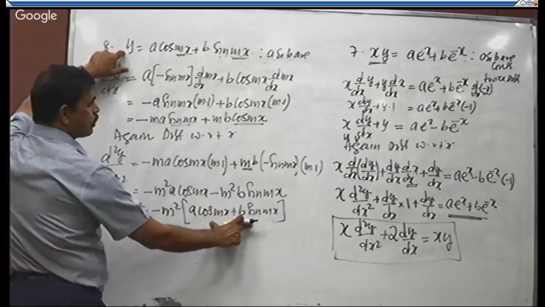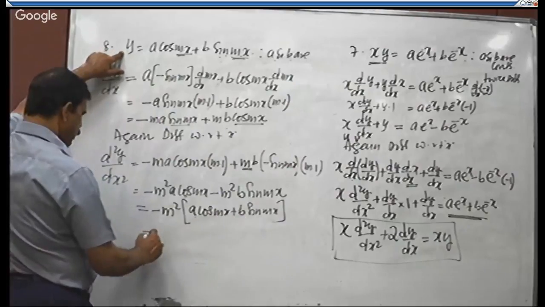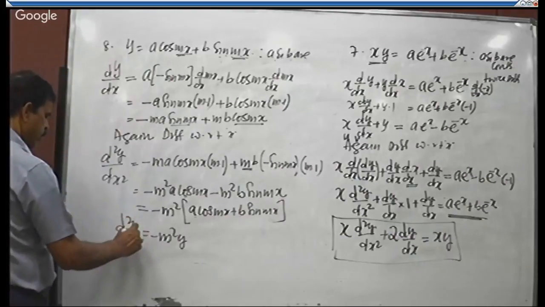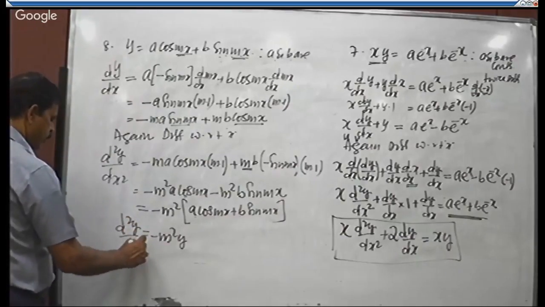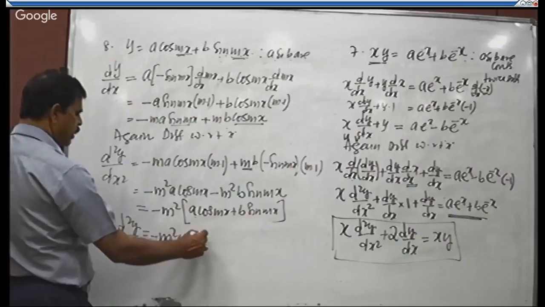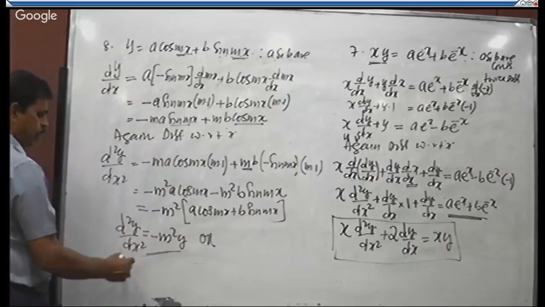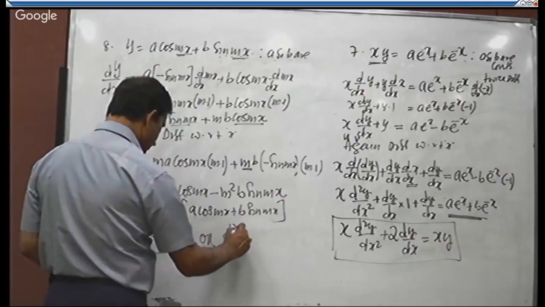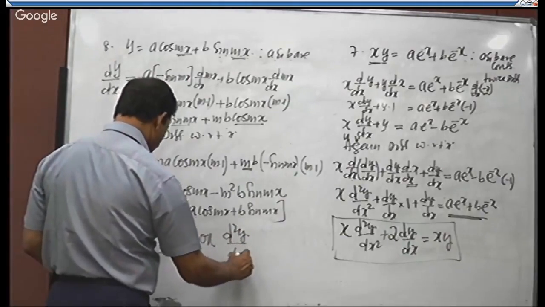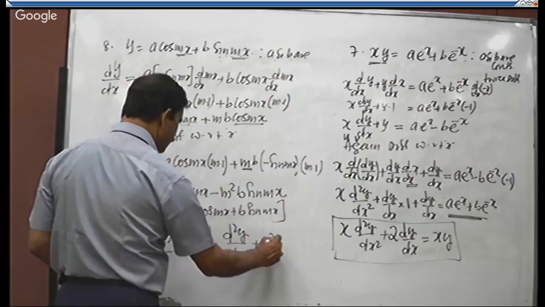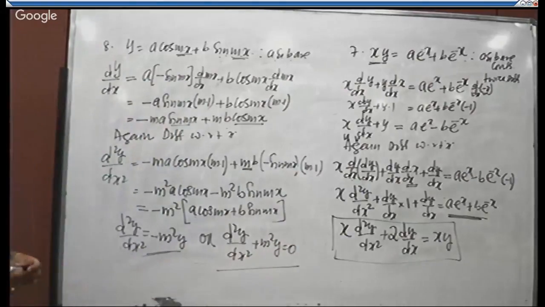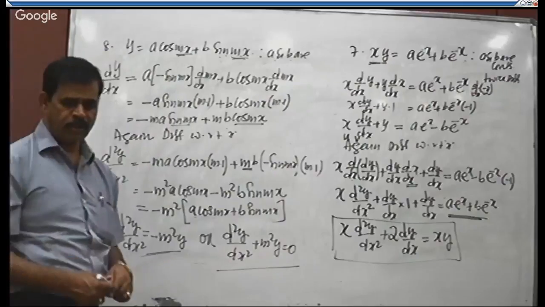You substitute from the problem. It is minus m square y. d square y divided by dx square is equal to minus m square y. See, the constants are eliminated, right? Or it can also be written like this: d square y by dx square plus m square y is equal to 0. This is a second order differential equation, right?